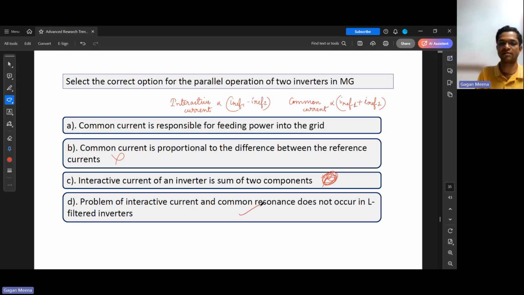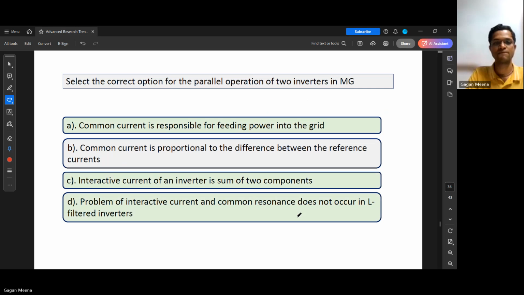Yes, this is correct because it is a first order. This phenomenon is not there in first order filters. Yeah, so this is correct, and this is correct.